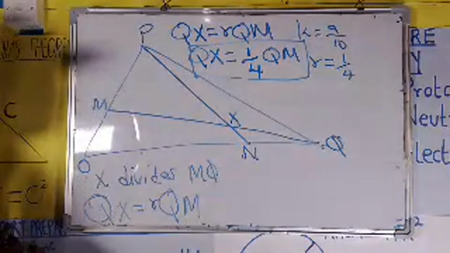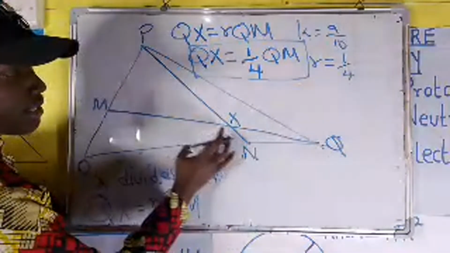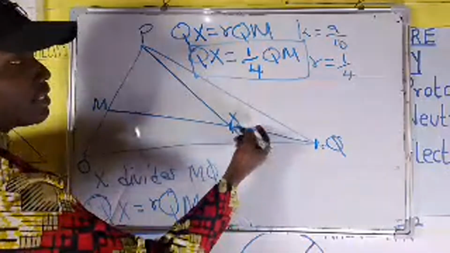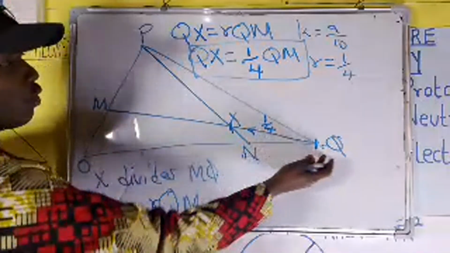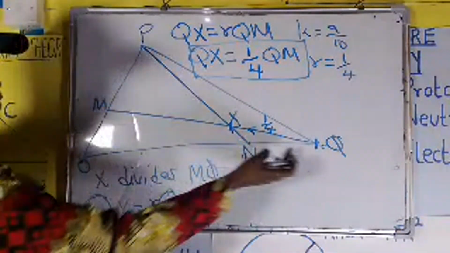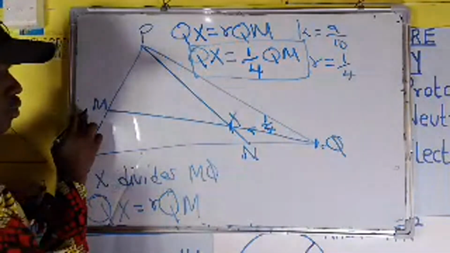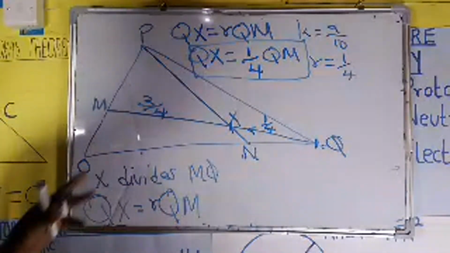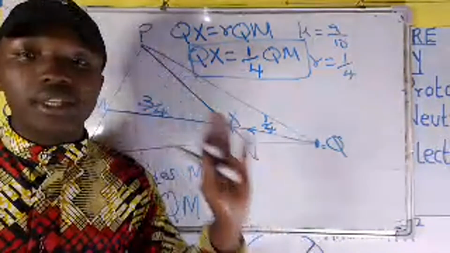So once we rely on that, QX, from Q to X, is a quarter of the whole of it, QM. So if from here to here is a quarter of the whole, the remaining part definitely must be 3 over 4. Because remember, the whole must be equal to 1.